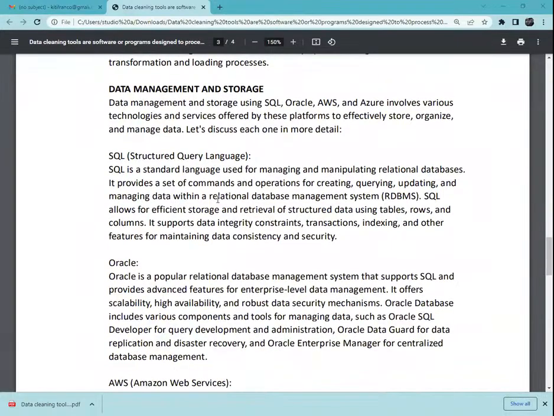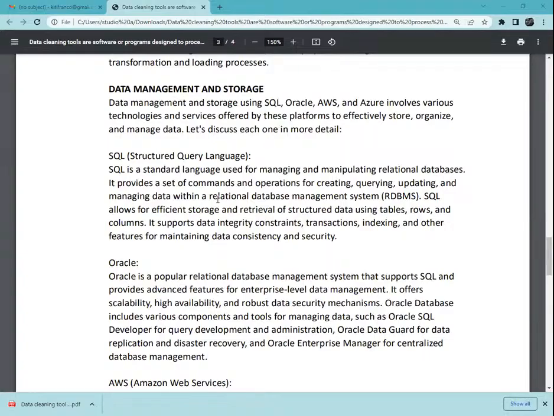SQL is a standard language used for managing and manipulating relational, I'm repeating again, relational databases. You could be having one database, for example, that talks of regions, another database that talks of voters. Those are storage databases.